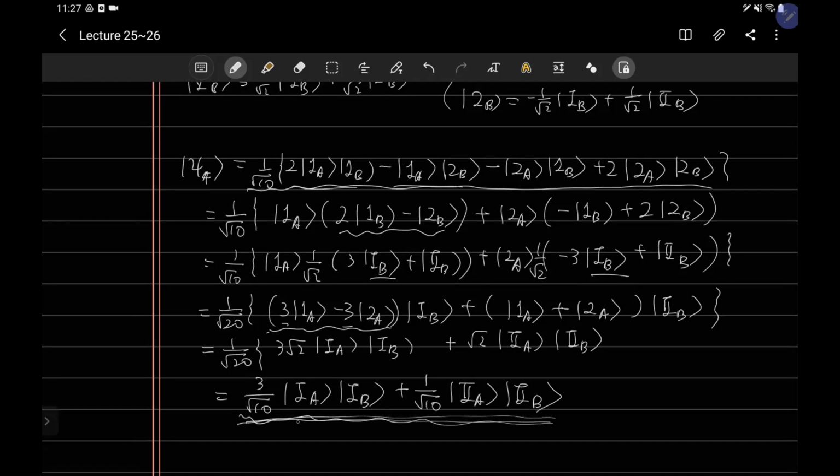Here the most important property is that the A system can have both the 1 vector and the 2 vector, which are orthogonal to each other, and the second system, which is the B system, also has another set of orthonormal basis of 1 and 2.